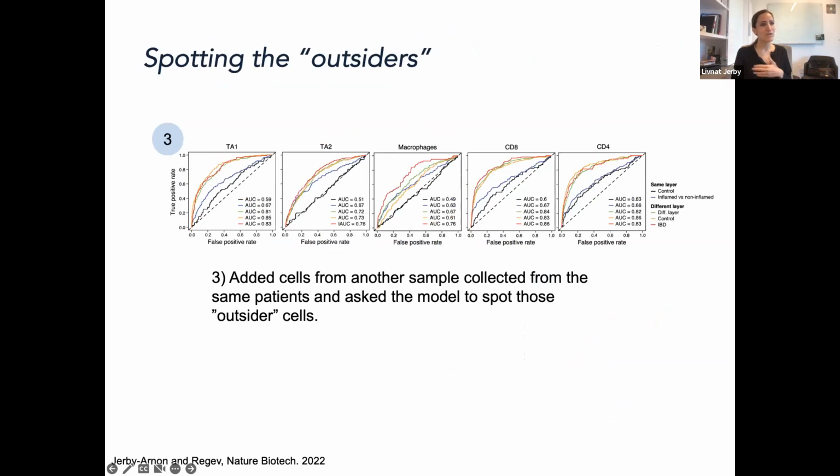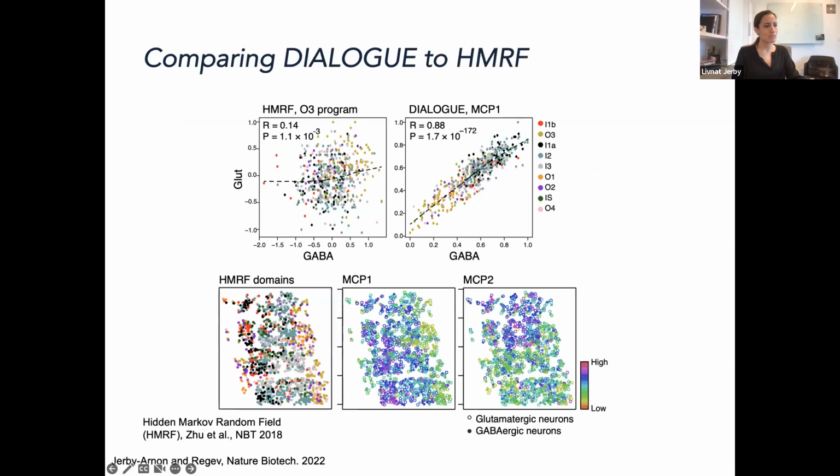So this could potentially be used to identify newcomers or cells that just infiltrated into the tissue. Here we can clearly see that when we simulate data in this manner, we're able to spot the outsiders. And this is stratified for different types of contaminations and different cell types from colon biopsies, single cell data that we tested this on.